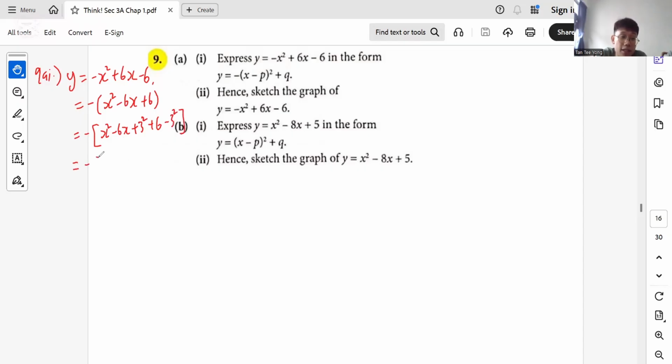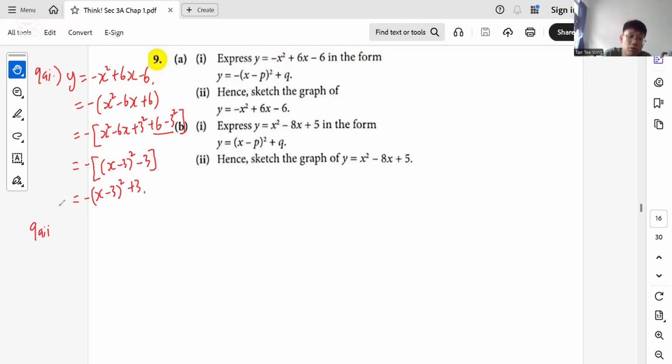So equals negative, square bracket, (x minus 3) squared, then the behind part is 6 minus 9, negative 3. So equals negative (x minus 3) squared plus 3. All right, so this is the completed square form.